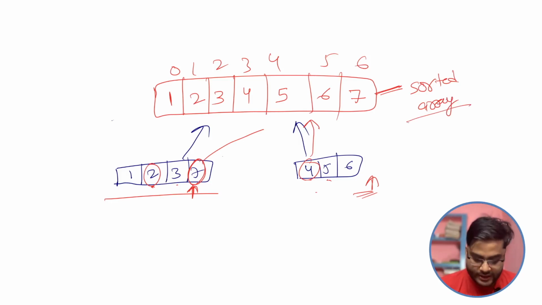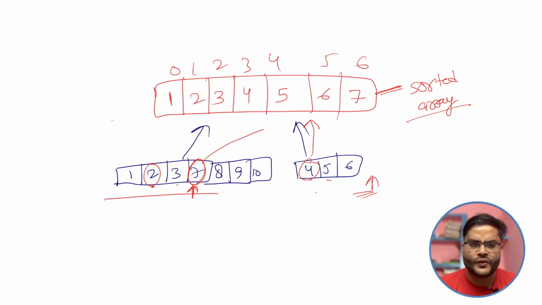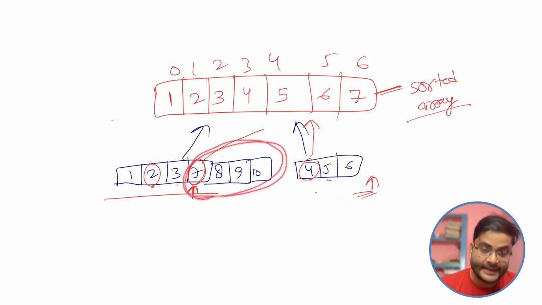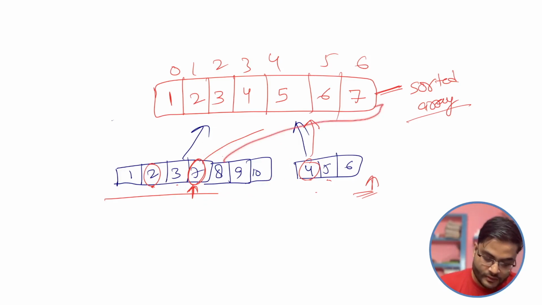Right, now what if in the left side subarray we had 8, 9, 10 also? So what we could do, if one array is completely exhausted, we can simply copy all the elements from our remaining subarray to my original array. Right, why?